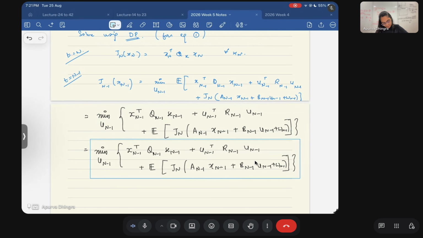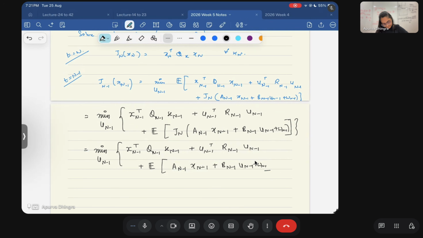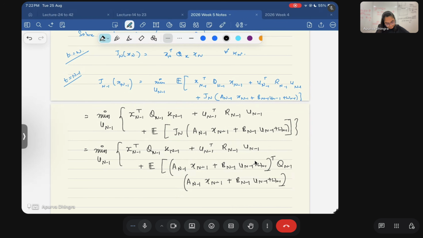I'm going to do some manipulations: the transpose of this object, qn minus 1, and the same object back. This is what we have.